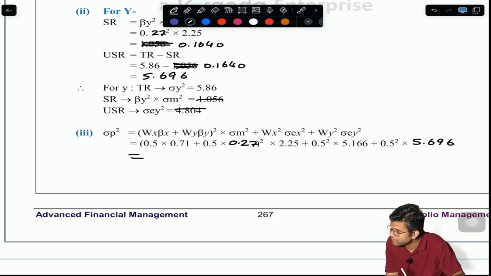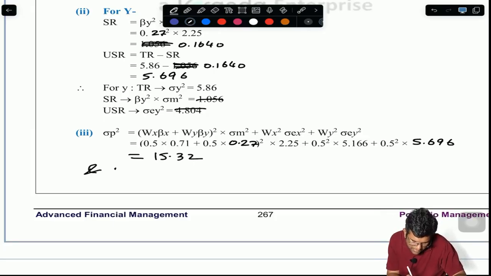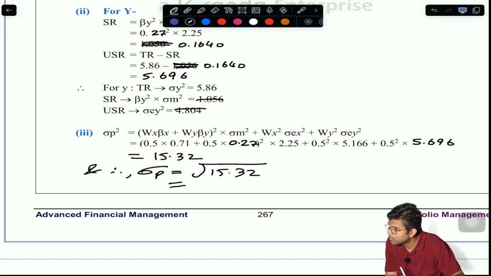Sigma p square 15.32, and therefore sigma p will be root of 15.32, 3.91.